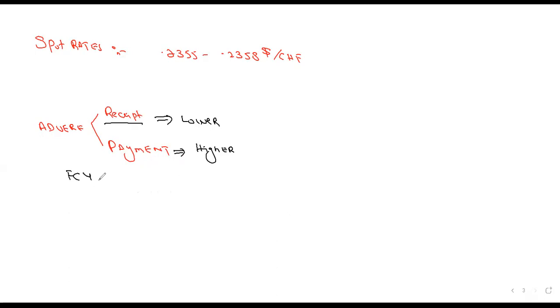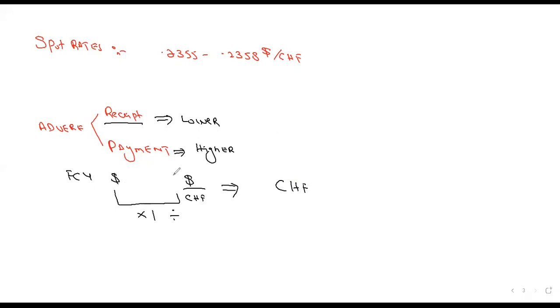Now what is happening in this question? Your foreign currency was in dollars and the exchange rates have been given to you in dollar over CHF. So if you want your final answer in CHF, this rate should be multiplied or divided?